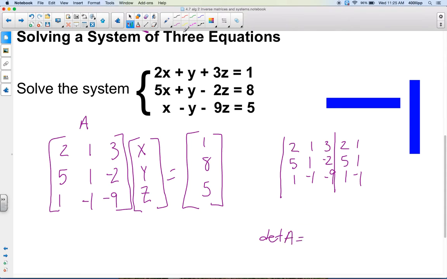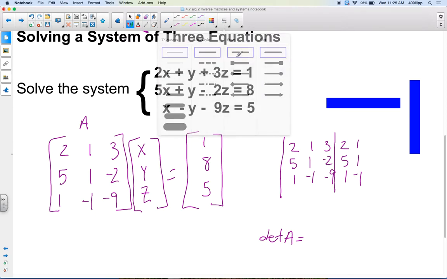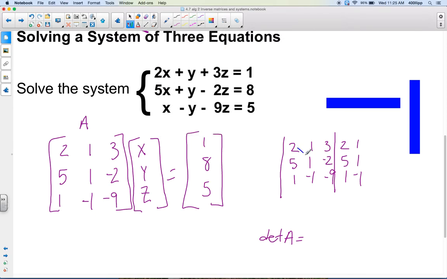So when we find the determinant, we're going to do this by multiplying the diagonals, starting this way. 2 times 1 times negative 9, multiplying all of these diagonals out. Okay, so we get negative 18 here. Negative 18. Make sure you go nice and slow for this so you don't mess up.